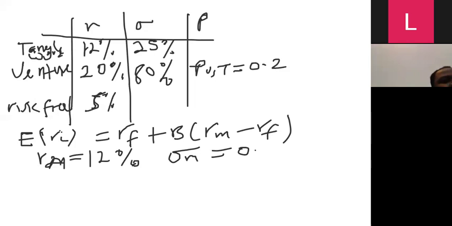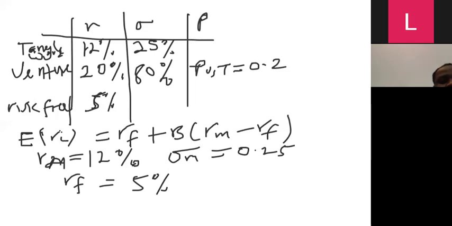So when you look at the equation, we already know that RF is 5% and RM is 12%. What we don't know in this case is our beta.